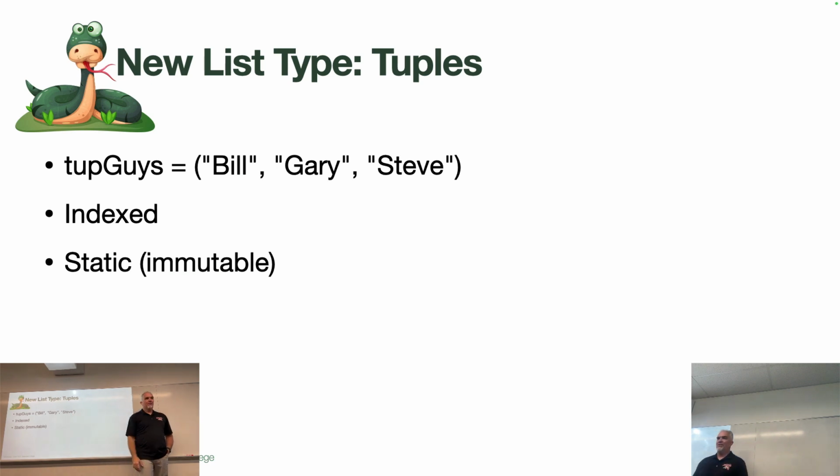So that's the sort of thing that they would be used for. That's why it's nice that they can't be changed in their order or the values. They're very simple, but they do have some value, and it's important to know about them because you will see them out there.